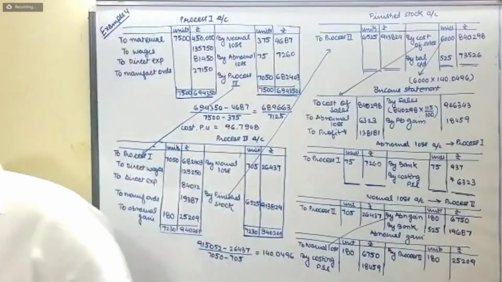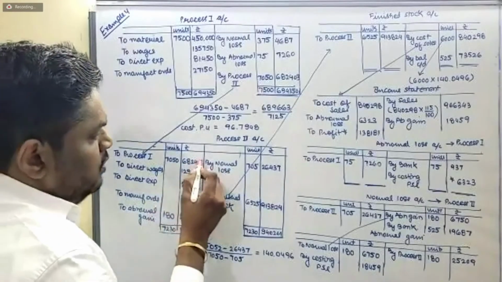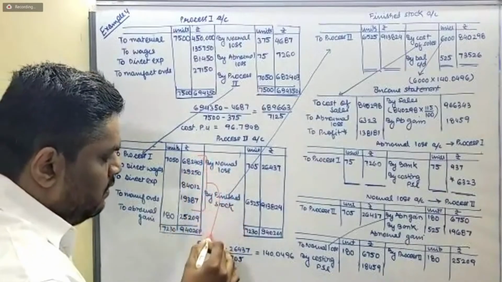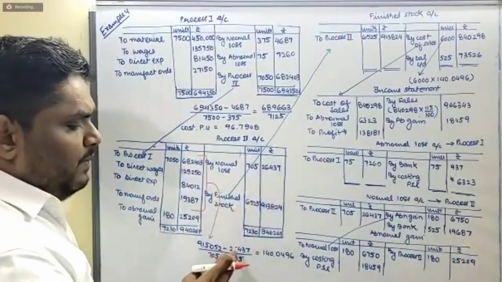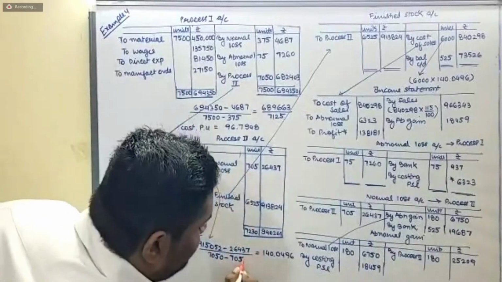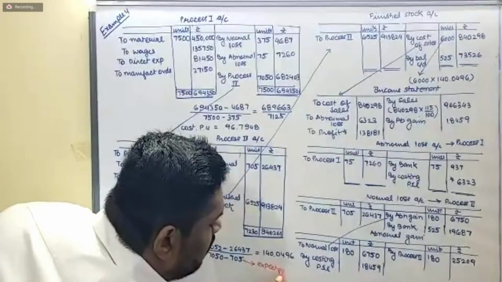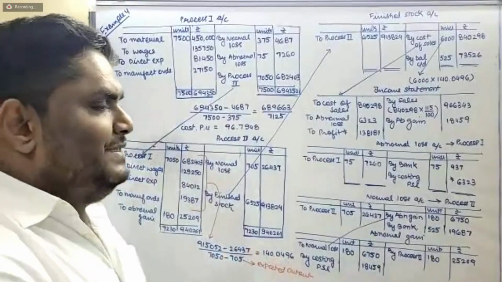This total of all these items, minus the normal loss of 26,437, is divided by 7,050 minus 705, that is my expected output. So this is how I got 140.0496.